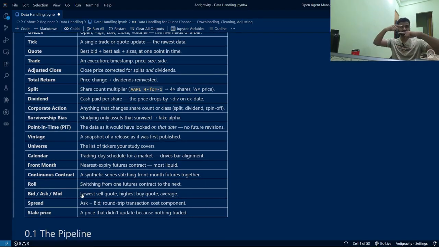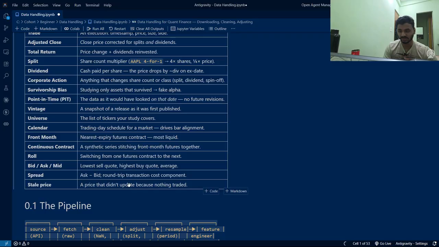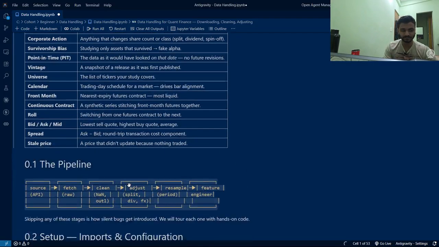Spread is the difference between the buy and sell, or you can say ask and bid. Basically, let's say you got your bid at 100.1 and your ask at 100.2, so you got a spread of 0.1. It's also calculated in pips, points, a lot of ways. A stale price is a price that didn't update because there was nothing traded, there was no trading volume.